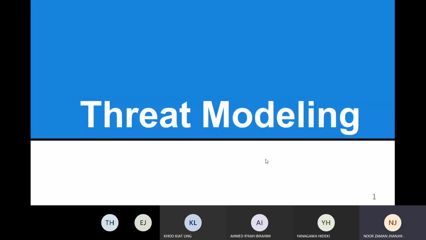On top of that, we will learn the different types of threat modeling, how they are different from each other, and how they help us address different security threats. It's a very important and very informative lecture related to threat modeling.